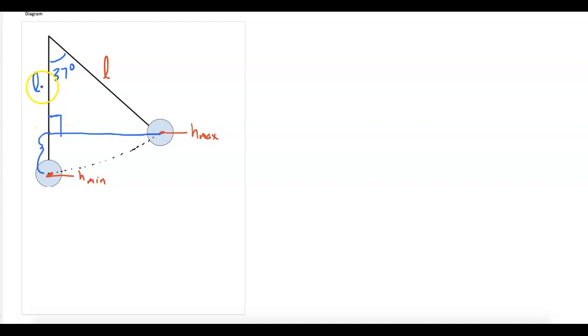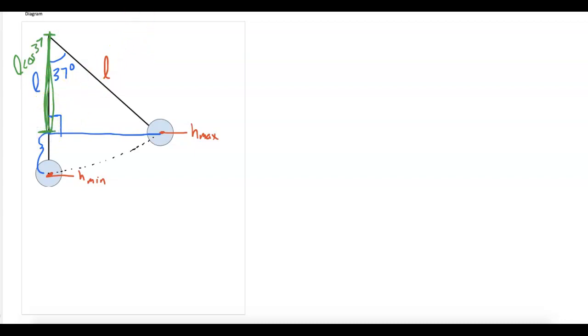Since we have a right triangle, this side from here to here, and maybe we'll put it in green, we're going to measure this right here. This is going to be the cosine side, right? So this would be L times the cosine of 37 from this point down to this point.